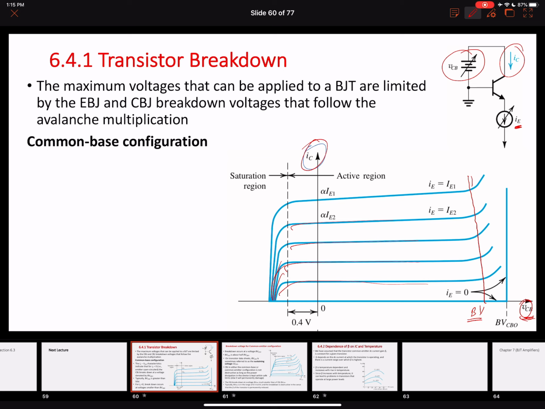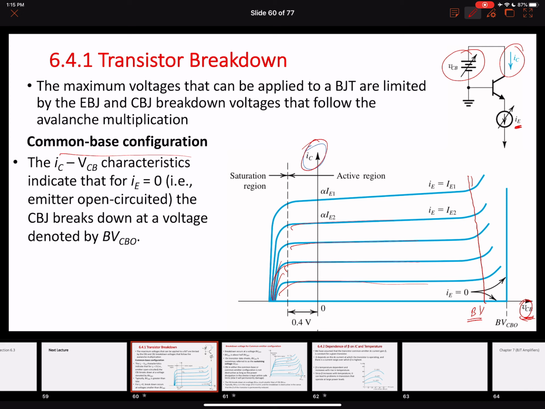Again, this is a common base configuration. So let's look at this first line over here. At this line, we have emitter current equals 0, which means that our emitter is open circuited. The voltage at which our collector-to-base junction will break down when the emitter is open circuited is denoted by BVCBO, the breakdown voltage for the collector-to-base junction with the emitter open.